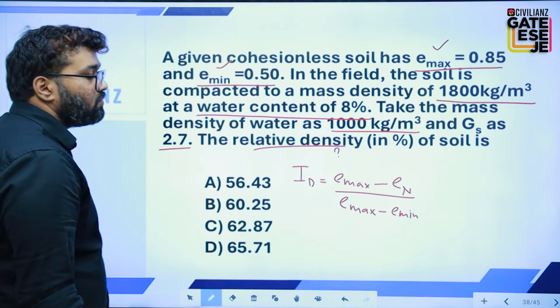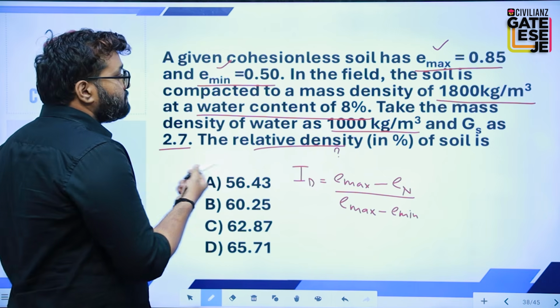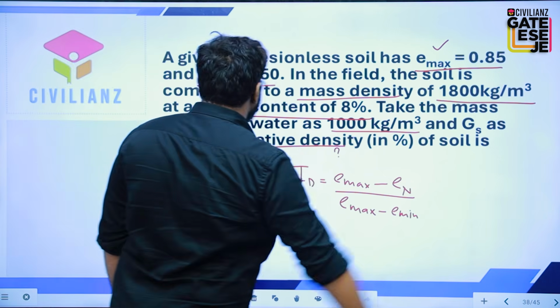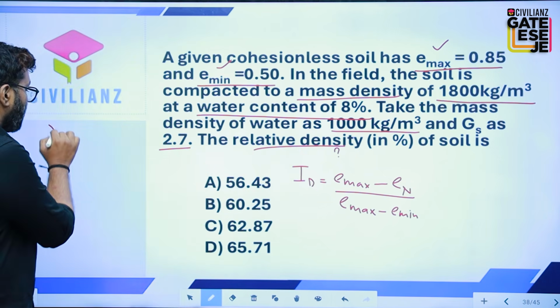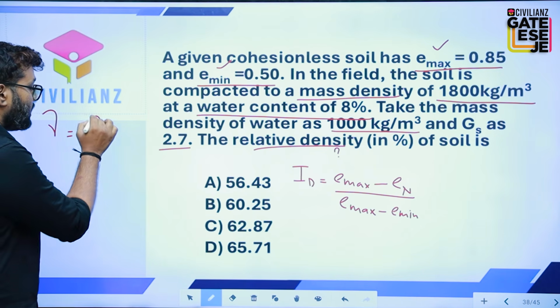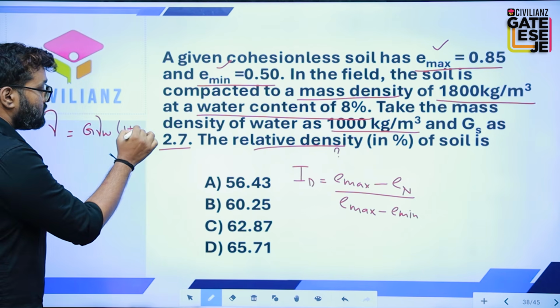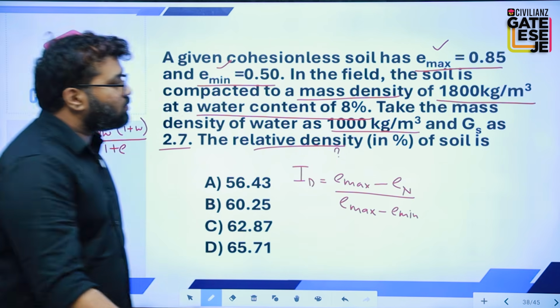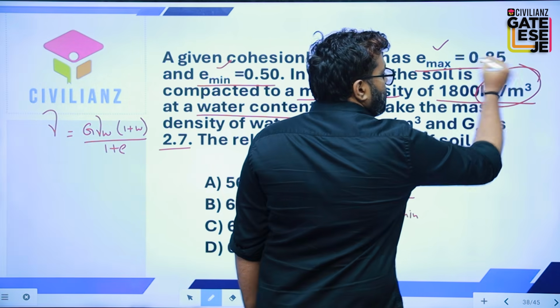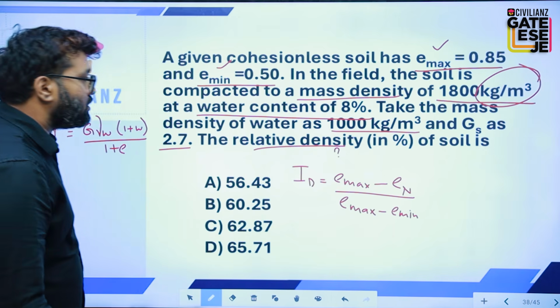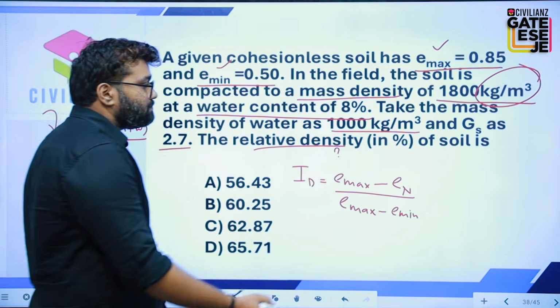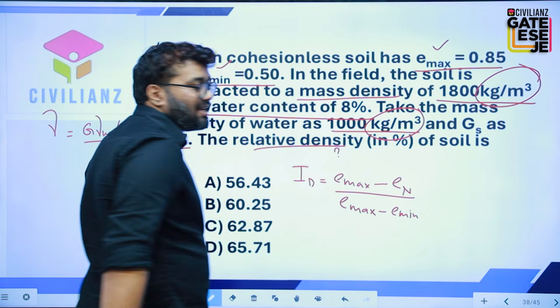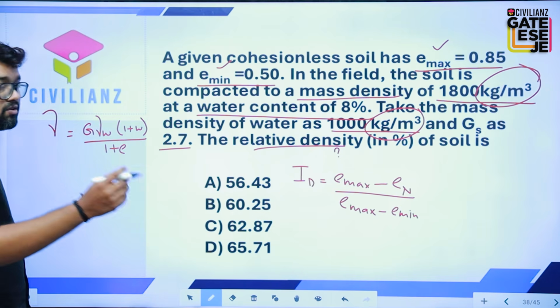So we can find the value of E. Here mass density is given, so we know the equation as gamma is equal to G gamma W into 1 plus W divided by 1 plus E. Here the unit is kilogram per meter cube. It is actually rho, and for water also it's kilogram per meter cube, so there is no problem.